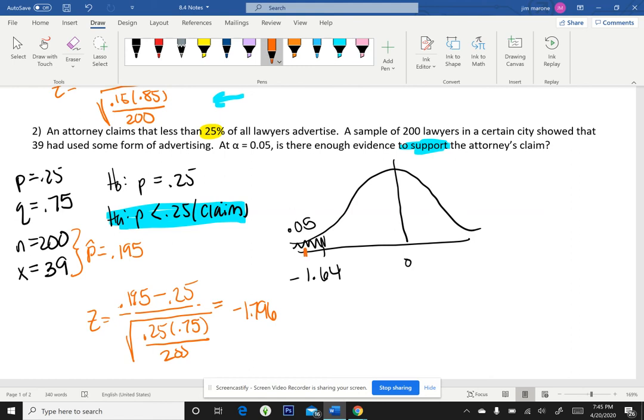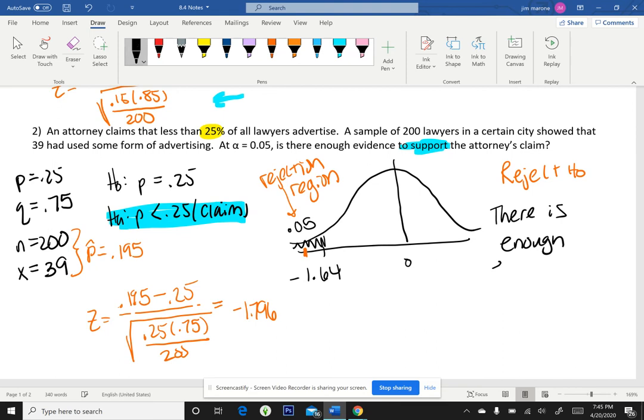So when we graph that, we know that our test statistic is in the rejection region. So we reject the null hypothesis. Because we reject the null hypothesis, there is enough evidence to support the claim.